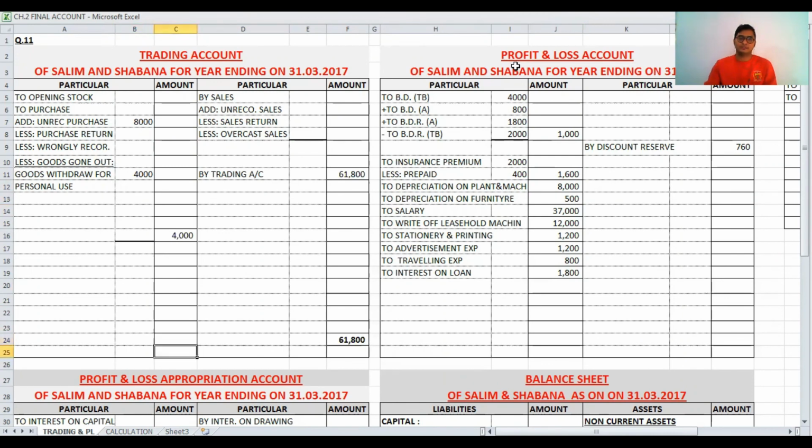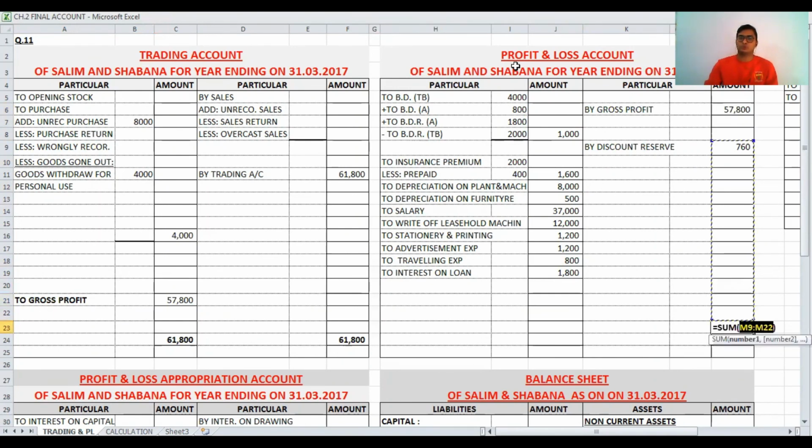This total is recorded on the debit side with the same amount, and the difference, 61,800 less 4,000, is gross profit, 57,800. Now in the P&L account, by gross profit, the amount comes to 57,800.